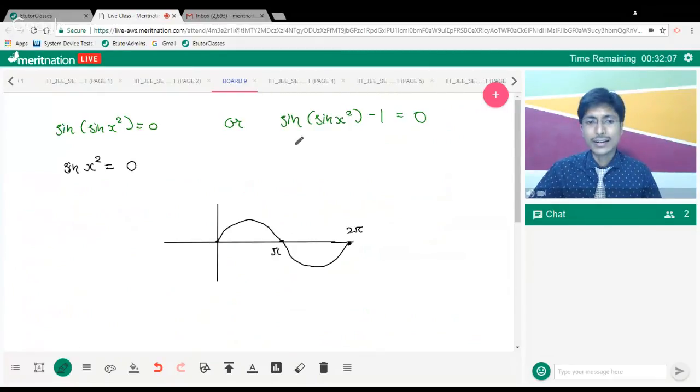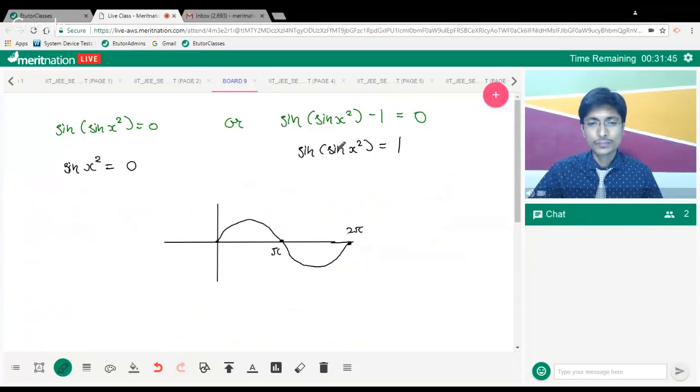Okay. Now, if I talk about the second term, which says the sine of sine x square minus 1 equals to 0. So if I send the minus 1 on the right-hand side, I'll be left out with sine of sine x square equals to 1. Okay.